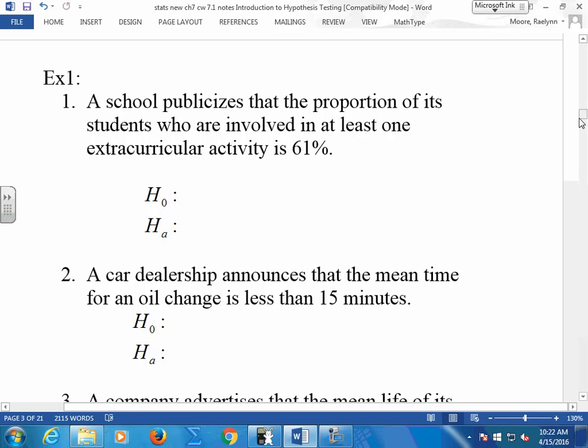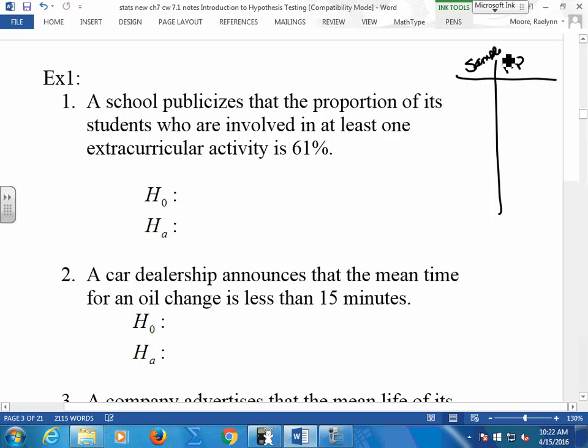So let's see if we could set up an HO and an HA. Remember, write this down somewhere. This is our sample. This is our population. You need to get your symbols correct. Your mean is X bar for sample, mu for population.